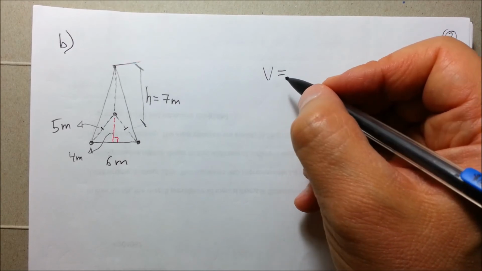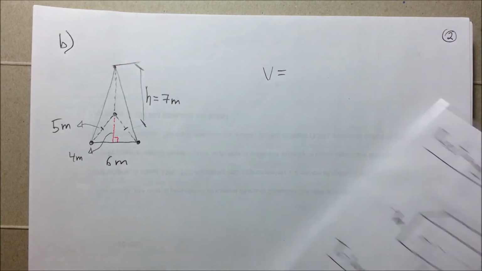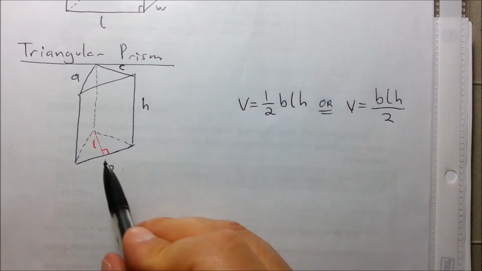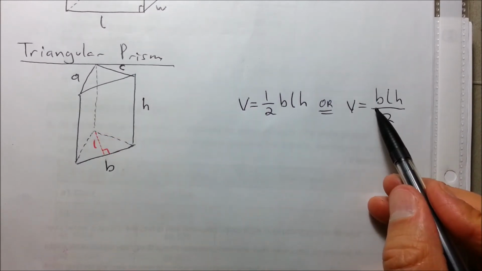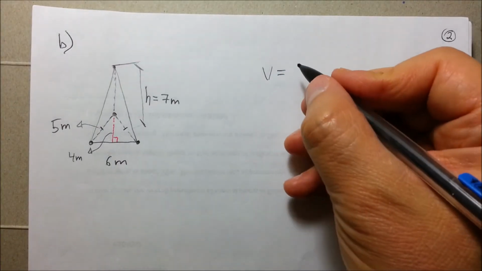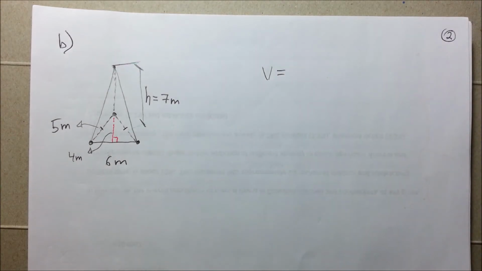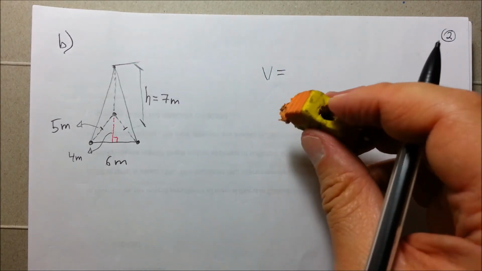So now, we actually have the formula. If you check your formula sheet, we saw this, right? We have the volume of a triangular prism, which is BLH divided by 2. So let's write that down. In fact, let's put it here because I want to show you something. Sometimes this throws people off a little bit.